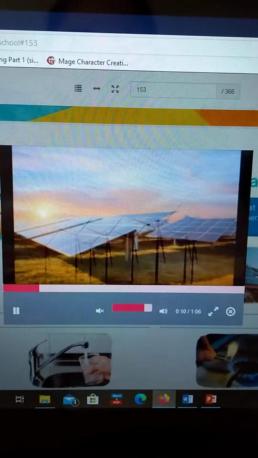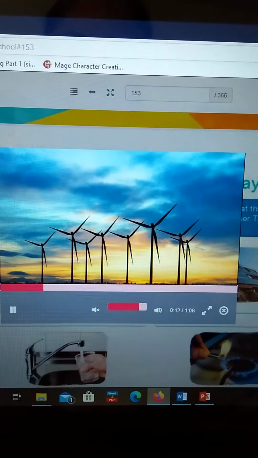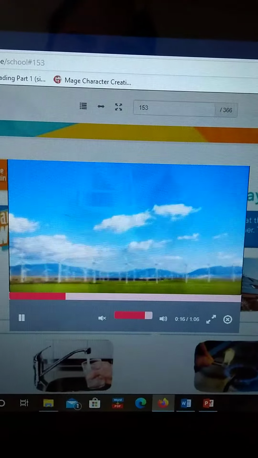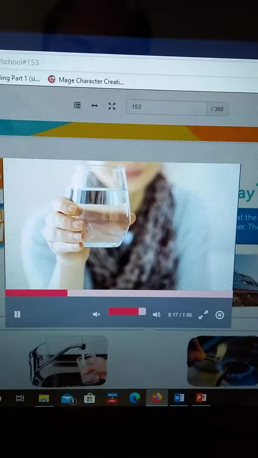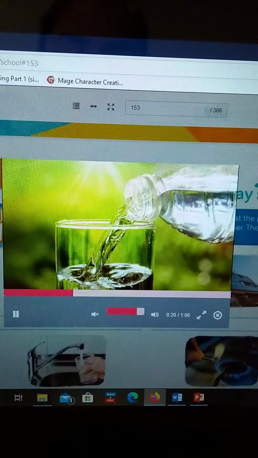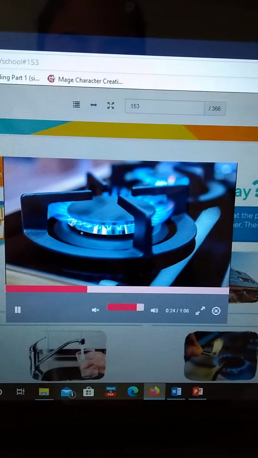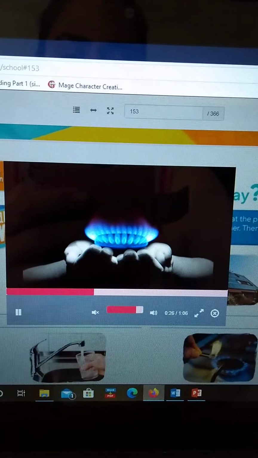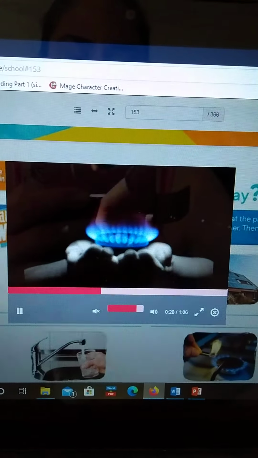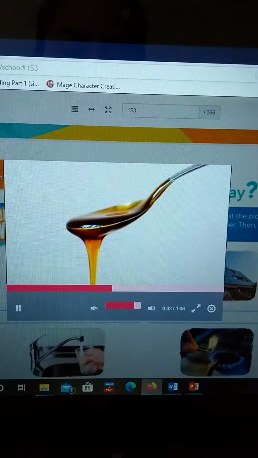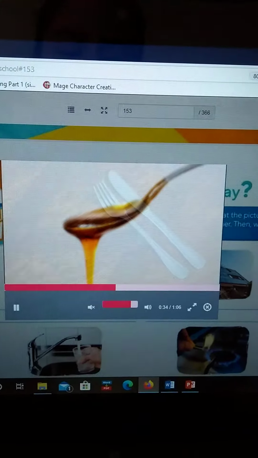They pick up the energy from the sun. Those move with the wind and produce energy, electricity. We can also use water for it when water falls. Gas, we produce energy with gas. Gasoline, we also get energy from gasoline and oils.